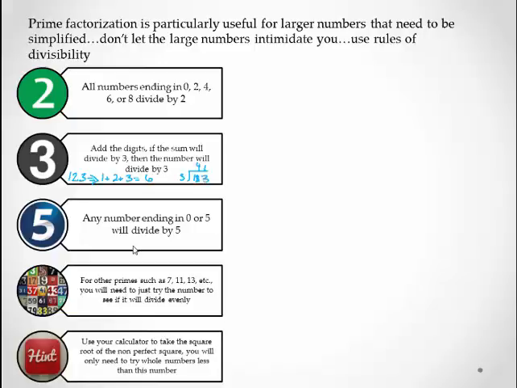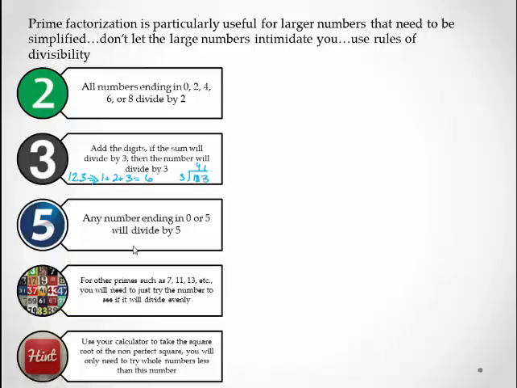And then finally, a hint. We want to simplify the square root and not give the approximate decimal answer, but you can take the calculator, take the square root of the non-perfect square. You're going to get a big long decimal, but whatever that number is, you only need to try whole numbers less than that number.